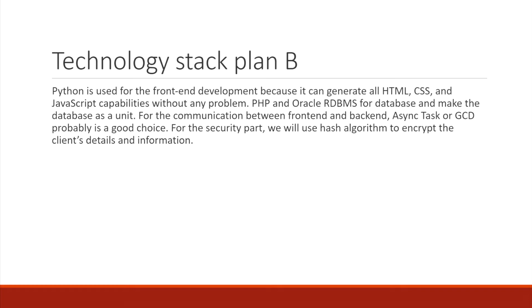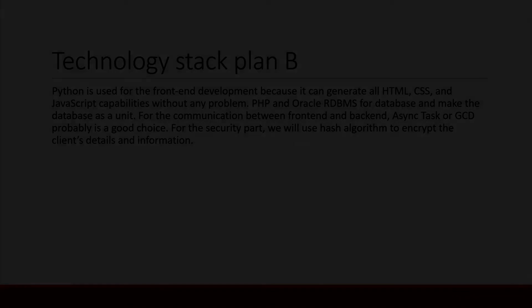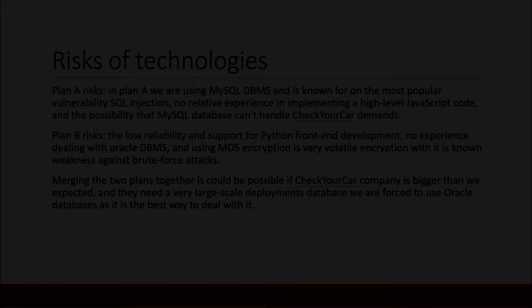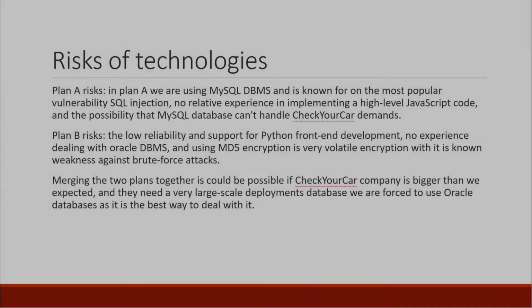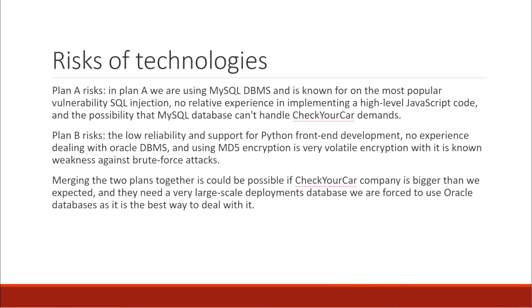The Oracle database has advantages. It's an industry standard database, and Python is really flexible as well. The risk of Plan A: we are using the MySQL database management system, which is known for being vulnerable to SQL injection.